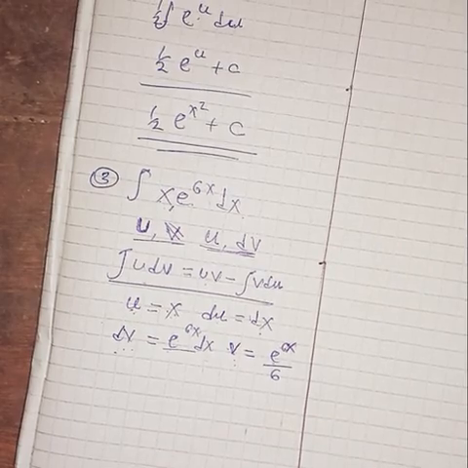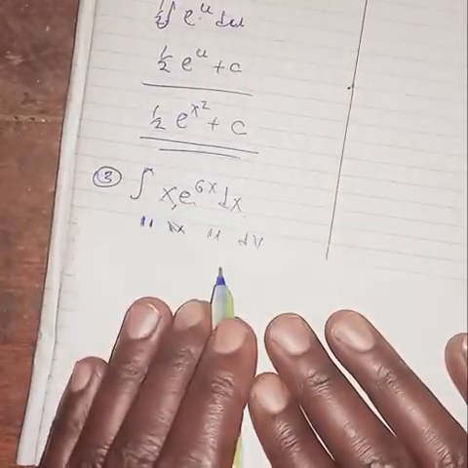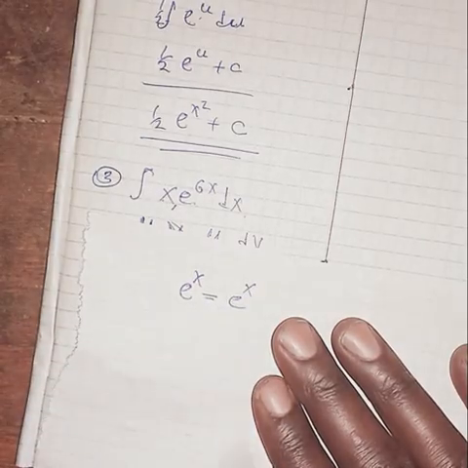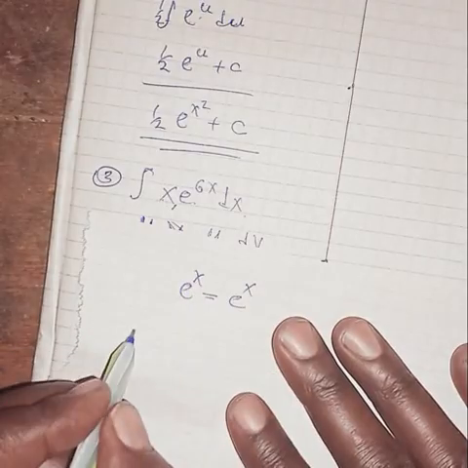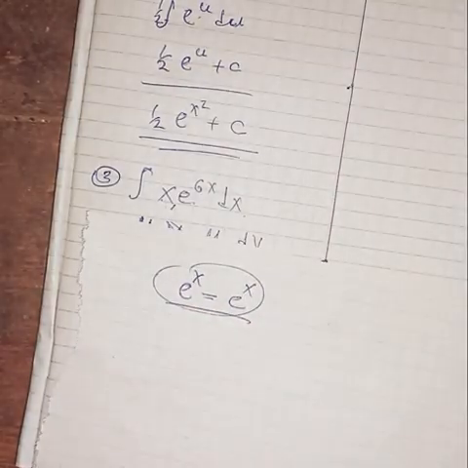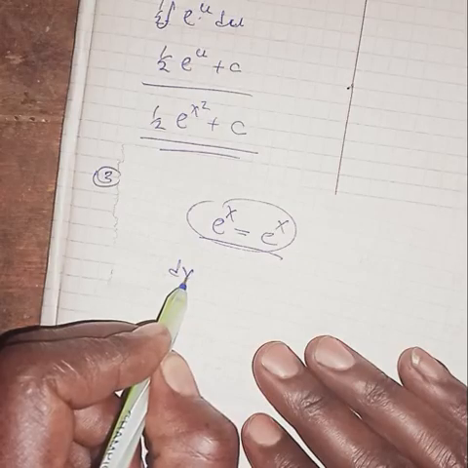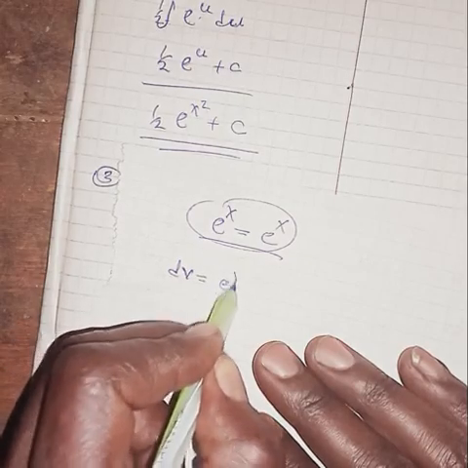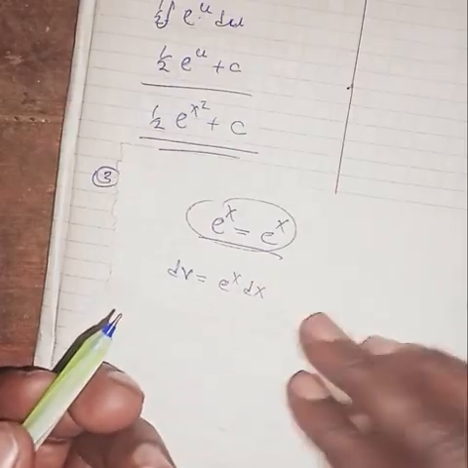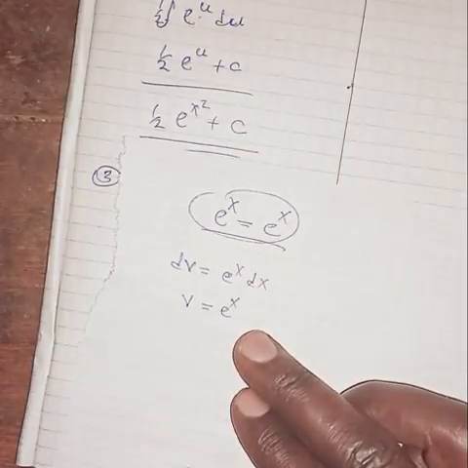But if it was e raised to x, it remains e raised to x. Let me show you why. Let's say you have dv equal to e raised to x dx, and you have been told to find v. The v will be just e raised to x.